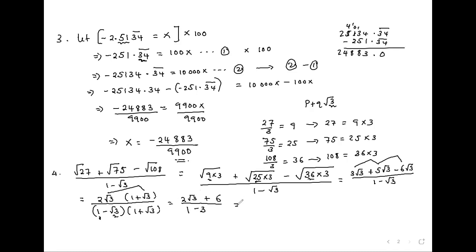You don't square the negative, just square the root itself when you rationalize it. So now you can rearrange: 6 over negative 2 plus 2 root 3 over negative 2. Then we divide, we get negative 3 minus 1 times root 3. That's the solution there.